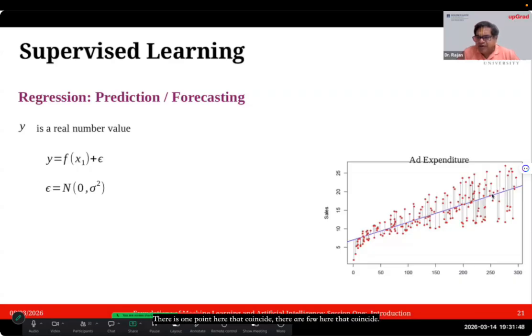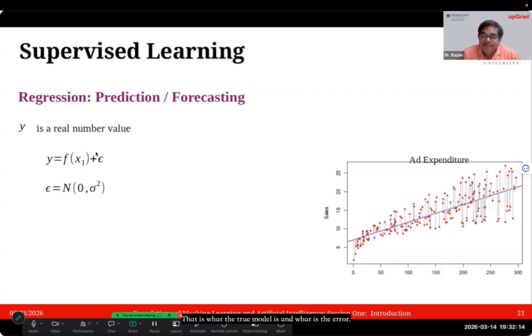There is one point here that coincides, and a few here that coincide, but all the other points do not coincide on that blue line. So that difference is the error, and the model prediction plus some error is the actual measurement. That's what the true model is.